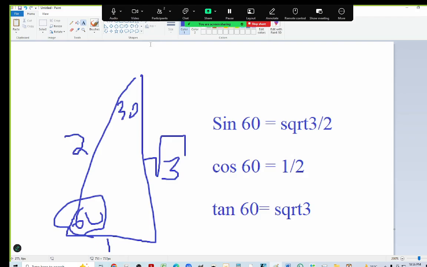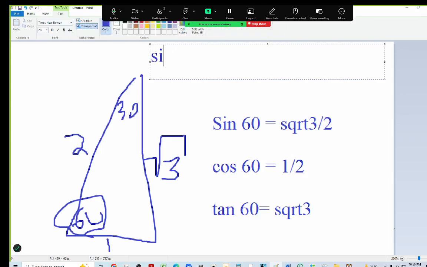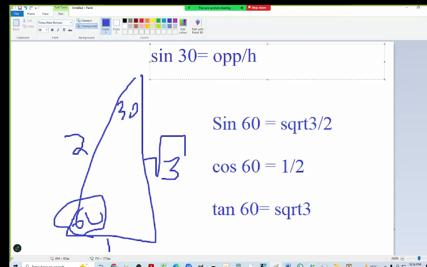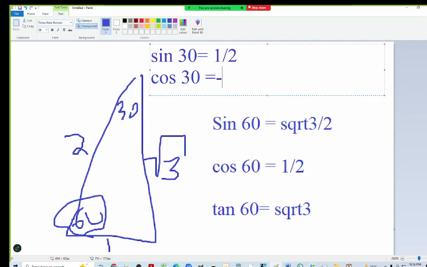Now let's see if you can tell me what the sine of 30 is going to be. It's 1 over the hypotenuse, which is 2. 1 over 2. You are 100% correct. Cos of 30.